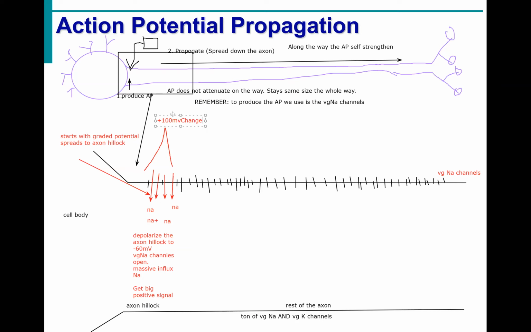There is absolutely positively no new information on the board right now. So hopefully all of this makes sense, because this is all what we just finished spending the last hour talking about. How we produce that big 100 millivolt positive signal by sodium rushing into the cell here at our axon hillock. All right? Everybody comfortable with that?